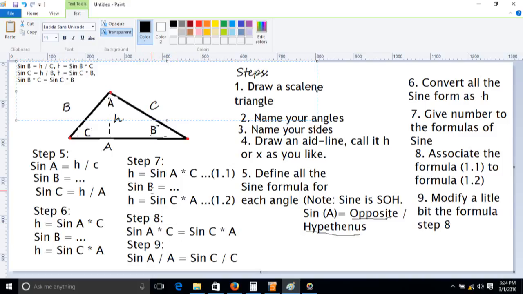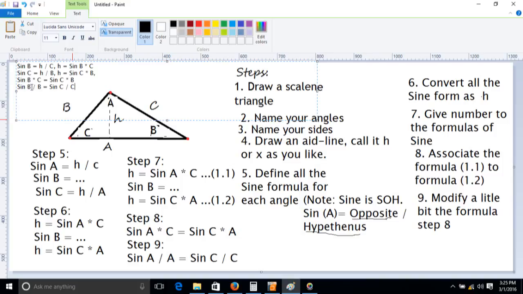We do the step like step 8 to the second triangle here, and then we modify this, it becomes sine B over b times sine C over c, right? c goes to the right and b goes to the left, but we change the sign, so sine B goes to the left and becomes division, and sine C goes to the right and becomes division.